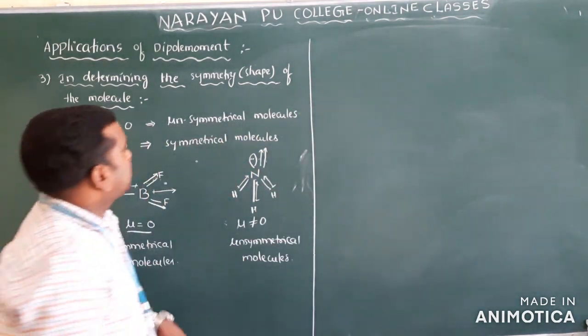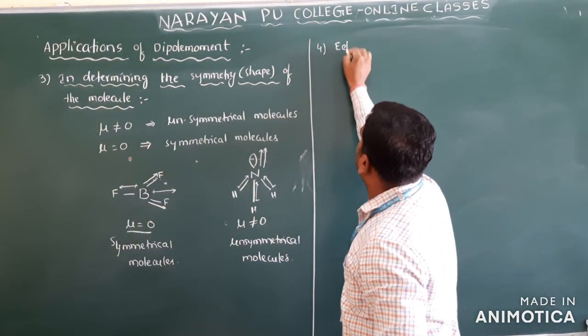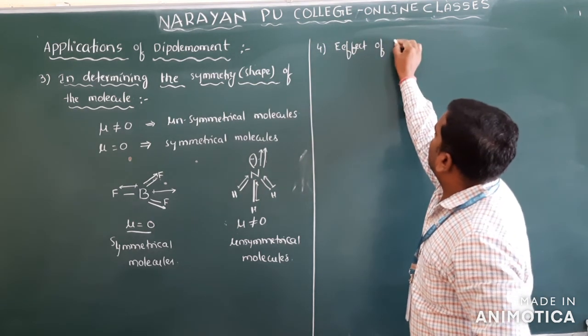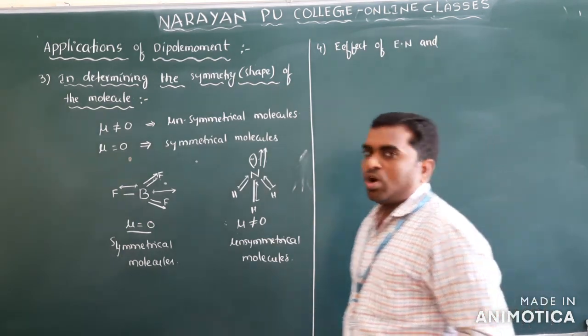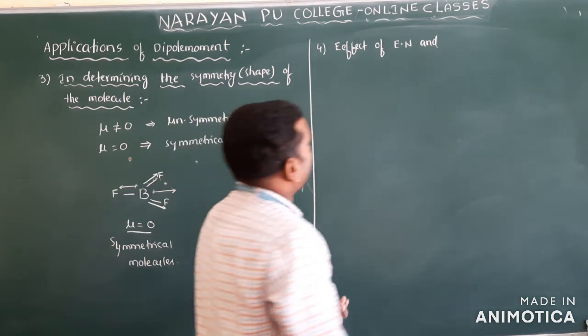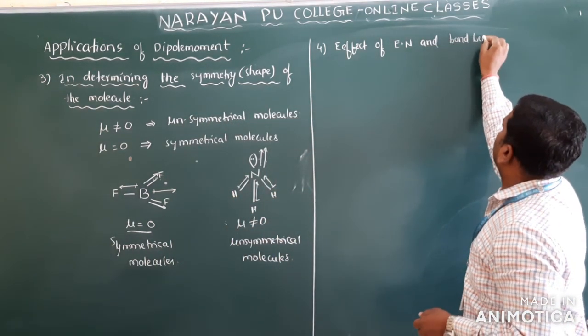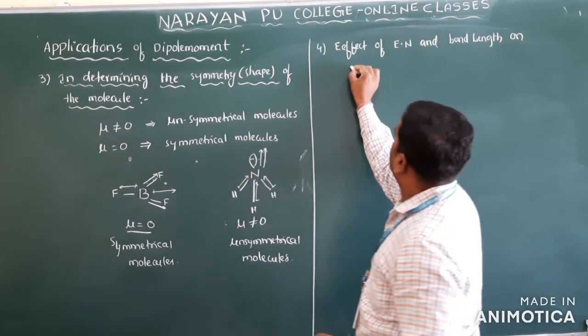Next, the fourth one is the effect of electronegativity and bond length on dipole moment.